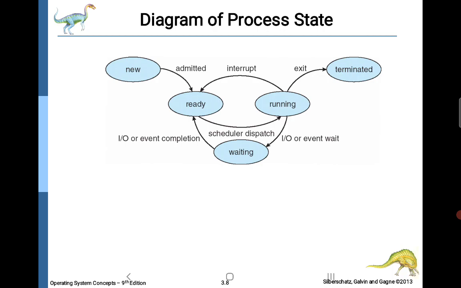A running process can either finish its execution, then it will exit and be a terminated process, or it will need an input-output operation, then it will be a waiting process, or it will be forced out of the CPU using an interrupt. In this case, it will be a ready process because it's waiting for nothing. A waiting process upon the completion of the input-output event will again be a ready process.